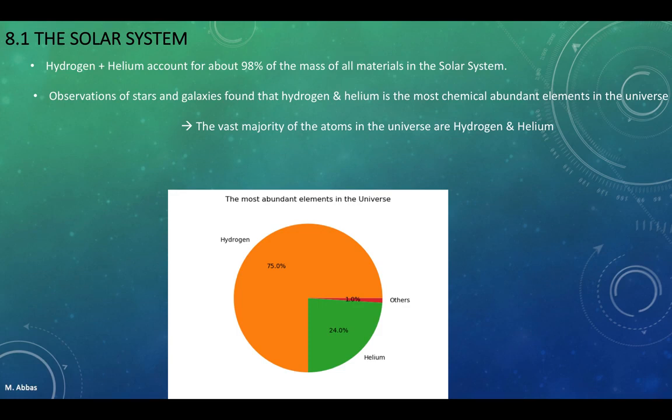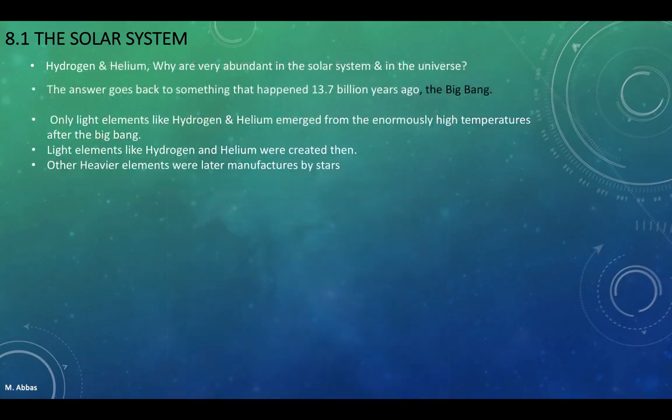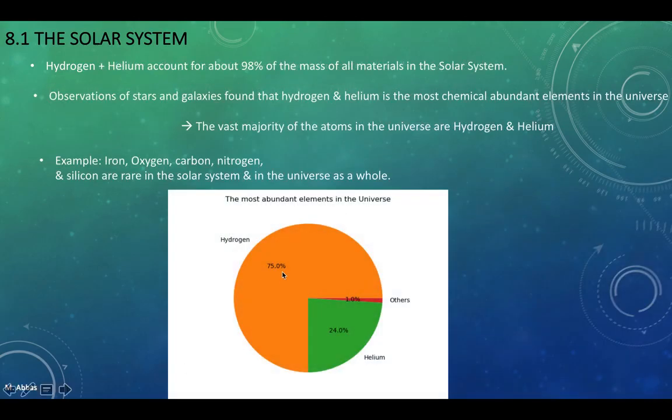Most of the elements are hydrogen and helium, and a very small percentage of the elements in the universe is anything other than hydrogen and helium. Now I don't want to go into the reasons for why this happens, but we're going to talk more about this in the chapter on stars. Just remember that hydrogen and helium were created after the Big Bang, and the other elements can only be created inside the stars.